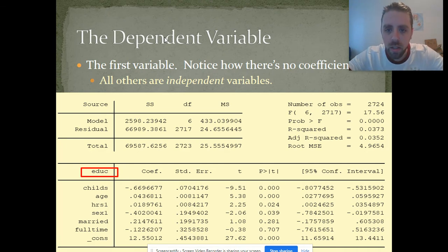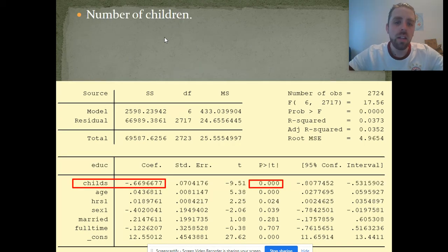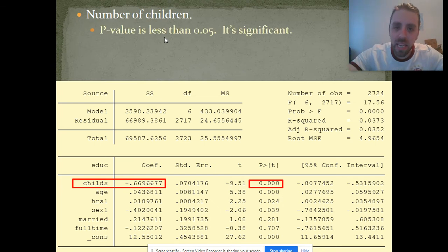Okay? So if we needed to interpret this, then let's go to that next coefficient in the column. Number of children. Is it significant? It is, because the p-value is less than 0.05. And this was another problem that I did observe, establishing significance.